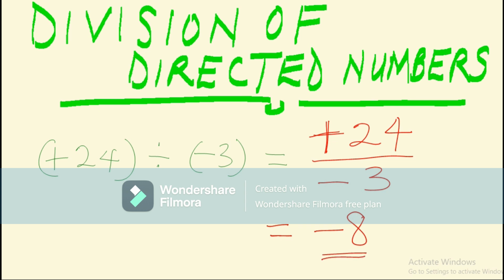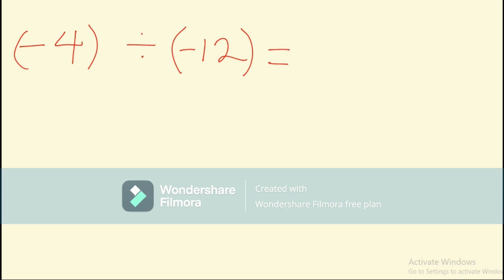Let's look at another one. We might have something like negative 4 divided by negative 12. When you have something like this, of course, like I said, you might want to write it like a fraction.